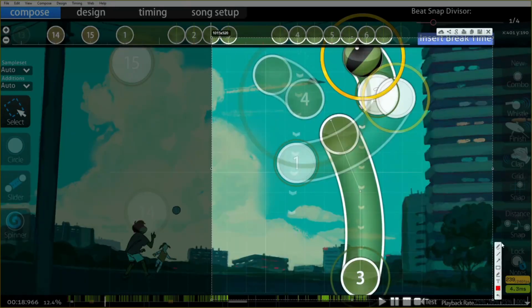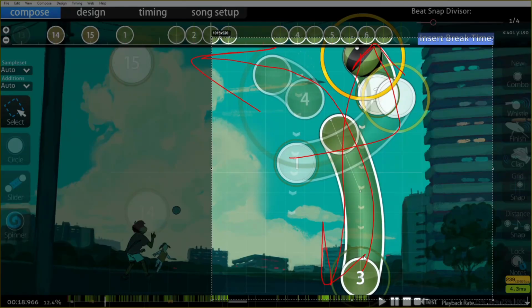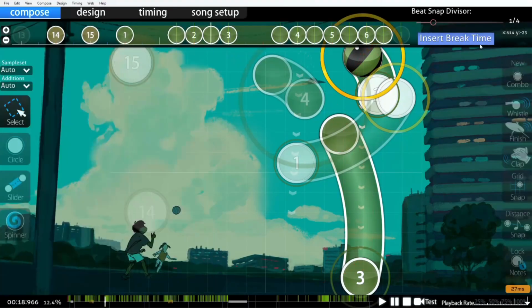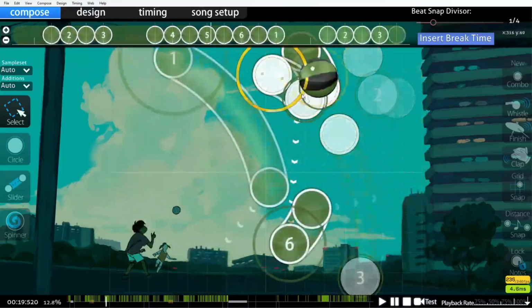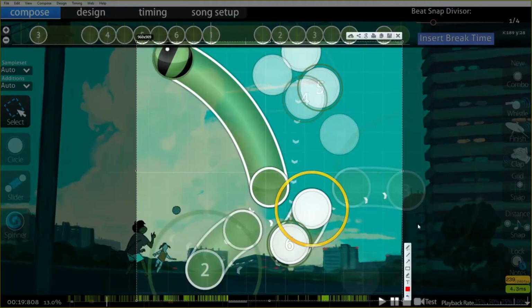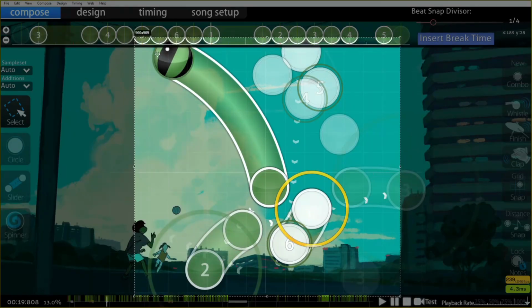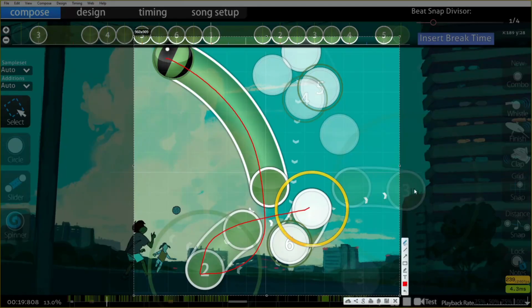So this one is going that way, and this one is going that way, which I think are going in a samey direction, but the amount of movement that you need from here to here is so great that it really feels like it puts strong emphasis. And this one is going in the opposite direction at least, like here. Hold up, like this, and then we have something like this.